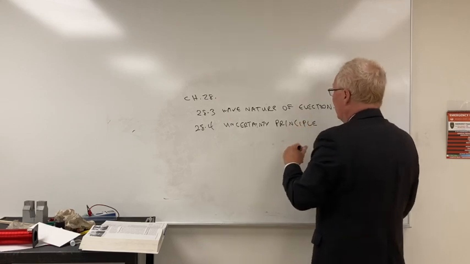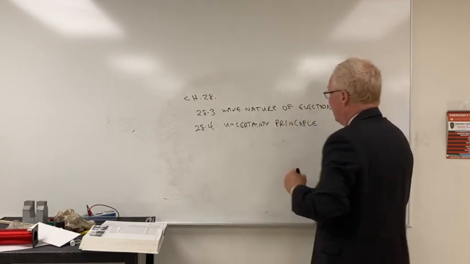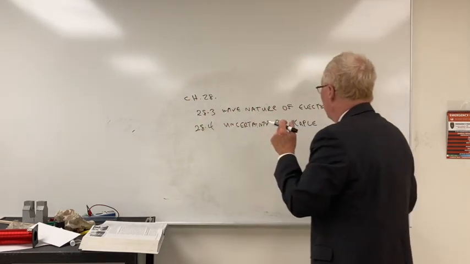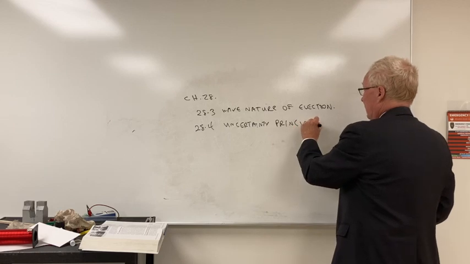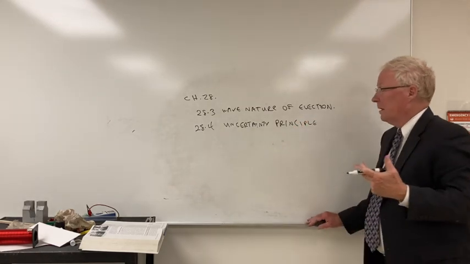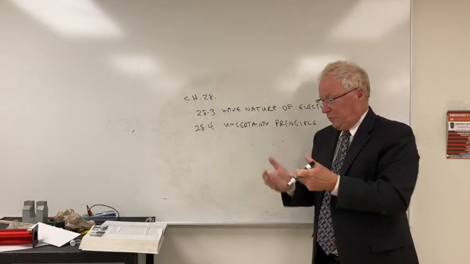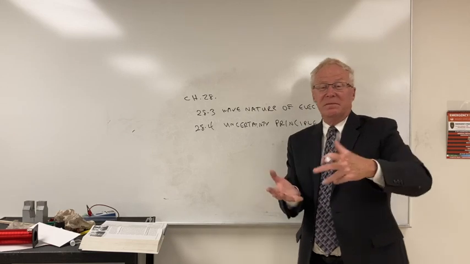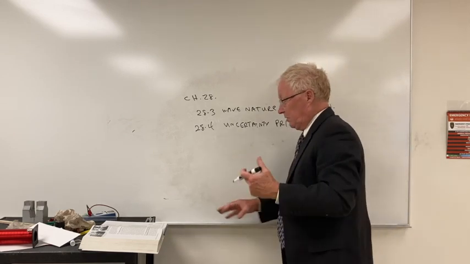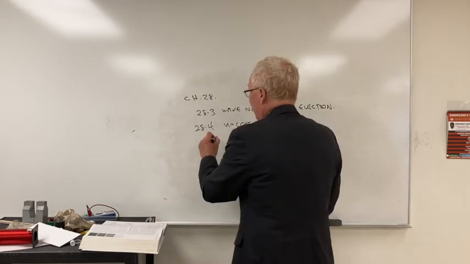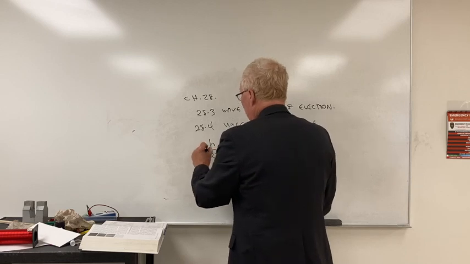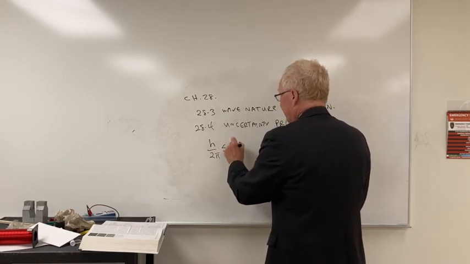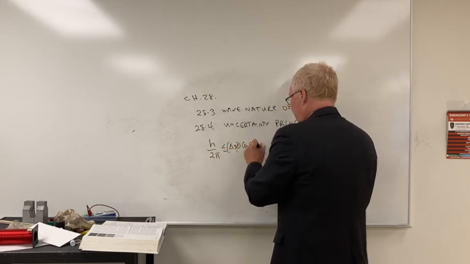Meaning because of the fact that you're using photons to measure where an electron is located, and because they're basically on the same size, there is an uncertainty of where it is. h over 2 pi is going to be less than or equal to the uncertainty in the position times the uncertainty in the momentum.